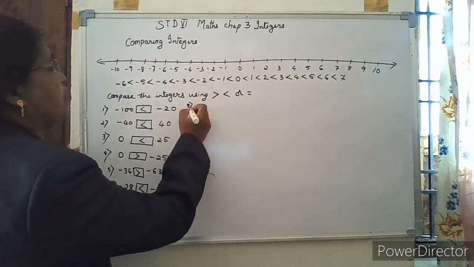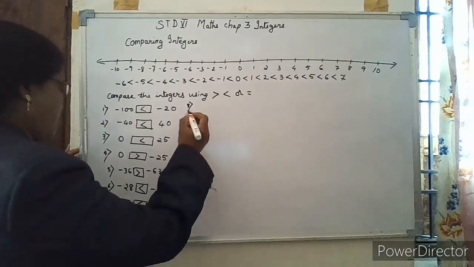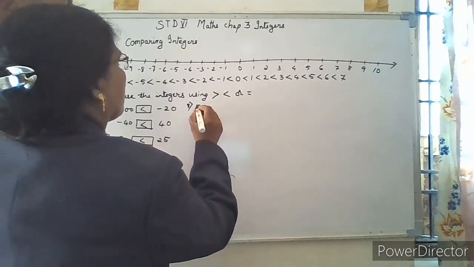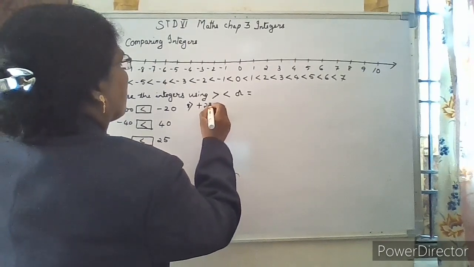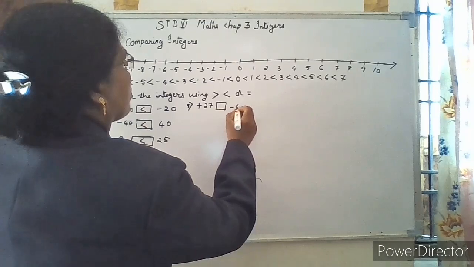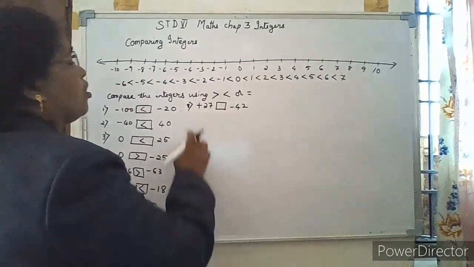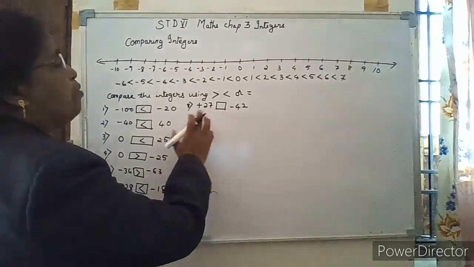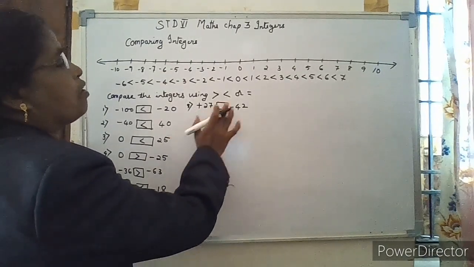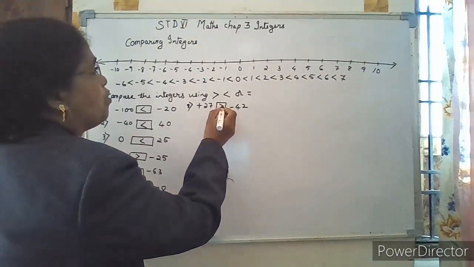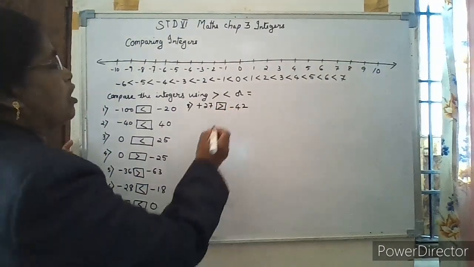Eighth example: plus 27 and minus 42. Negative number, positive number. A positive number is always greater than a negative number. So plus 27 is greater than minus 42.